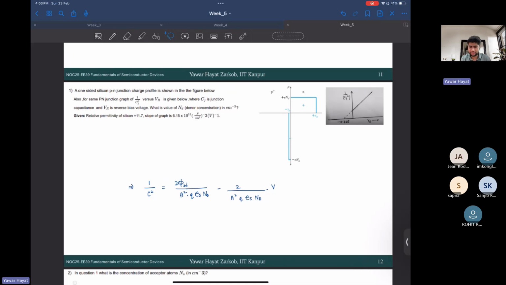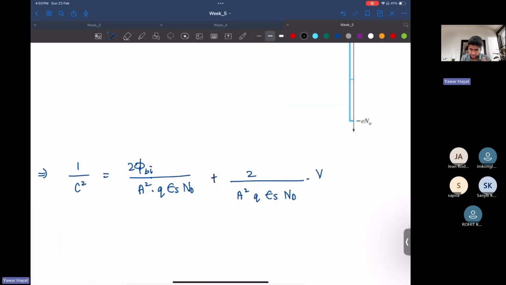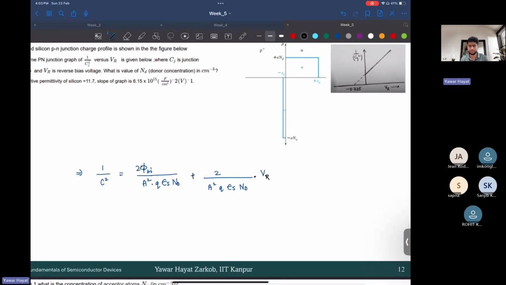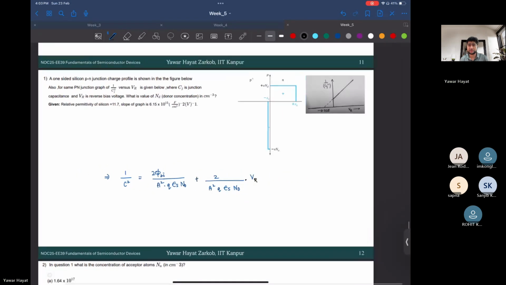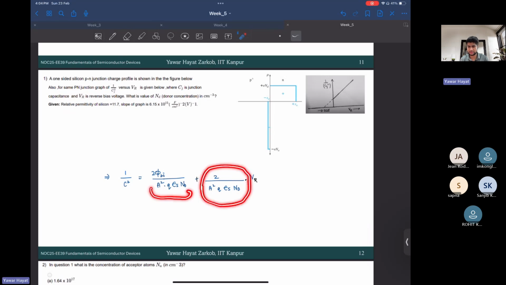See, this is VR, right? If you express it in terms of VR, then this is the right way. This sign would be plus then, because V is equal to minus VR. That's it. So now your intercept would be this much. Your slope is this, right?